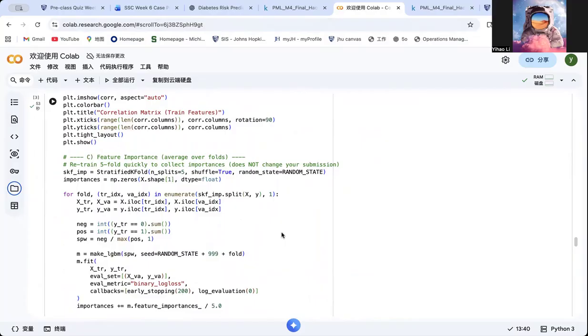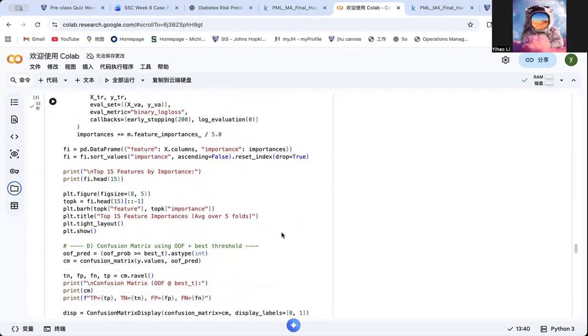We implemented five-fold stratified cross-validation to ensure that the class proportions are preserved across the training and validation splits. This allows us to obtain more reliable performance estimates and reduce variance due to random sampling. Additionally, we adjusted the scale_pos_weight parameter to address the imbalance between the diabetic and non-diabetic classes during training.